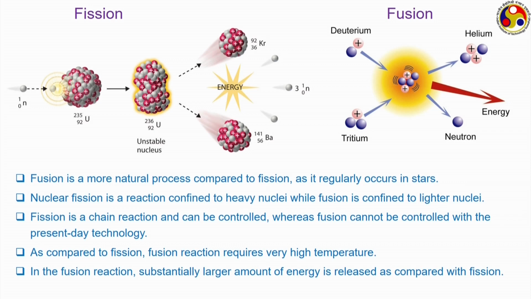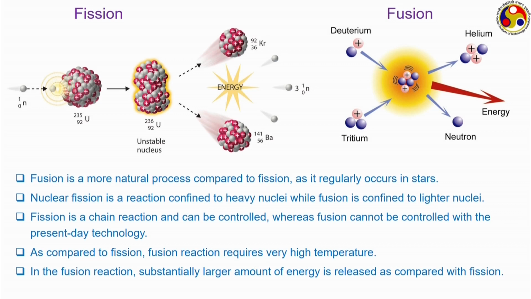On the other side, the right hand side of your screen, we have the fusion reaction, where in this particular example a deuterium and a tritium are fused together to produce a helium nucleus, which has a higher mass number and therefore is expected to have higher binding energy per nucleon.